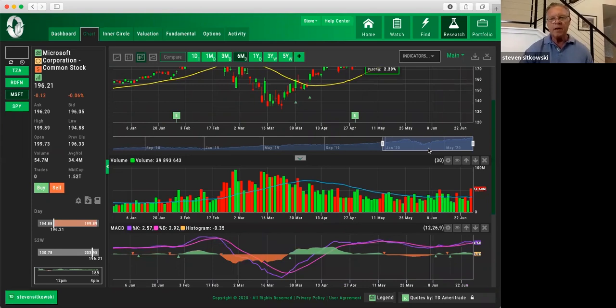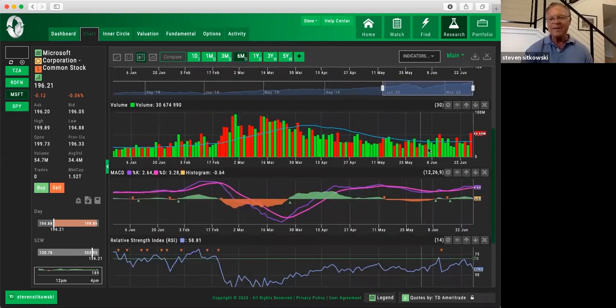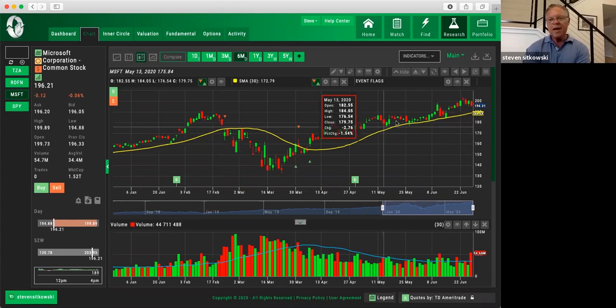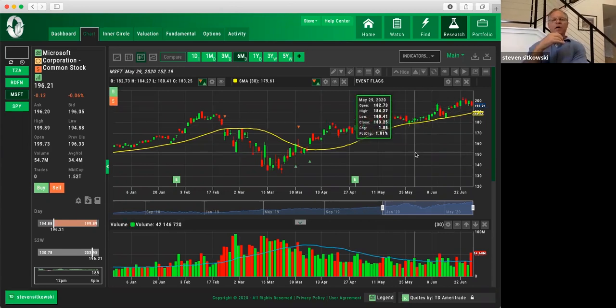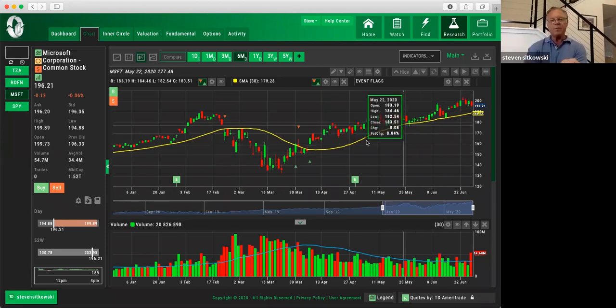Here is another way to go, and that is to look at the MACD. Now, if you get out when the MACD turns red, notice you'd have gotten out here and the stock actually went higher. So it would be a quicker exit. So in a market that is more trending, staying above that 30 would be your best bet.